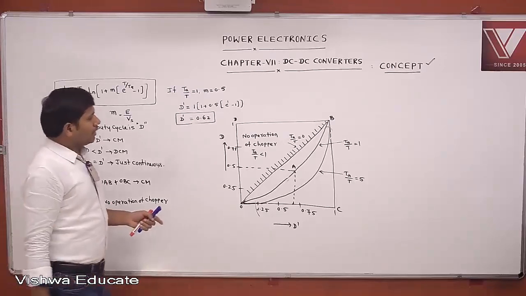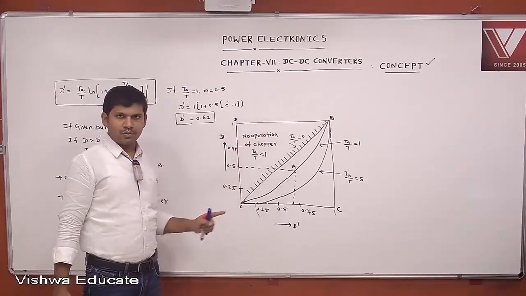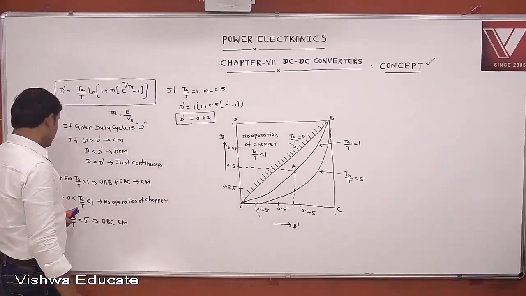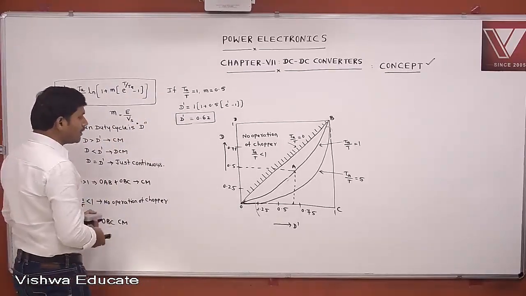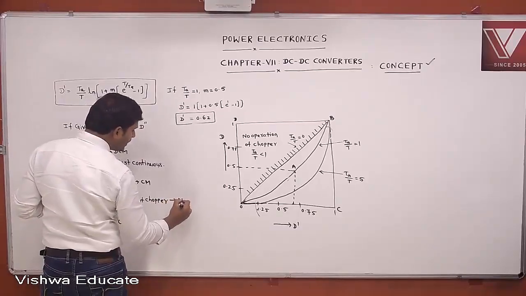Even curve OB is not possible, and curve OBD is also not possible. For 0 less than TA by T less than 1, there is no operation of the chopper, which means OB and OBD are not possible.